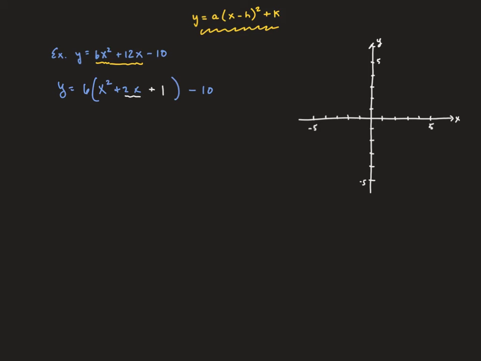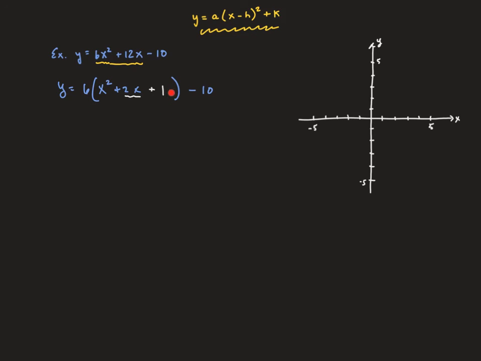So I'm going to move this negative 1 outside the parentheses. I added 1, I'm going to subtract 1, but you have to remember that this is being multiplied by everything in the parentheses.